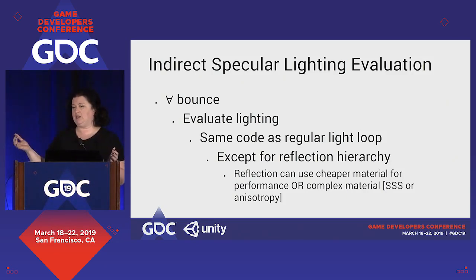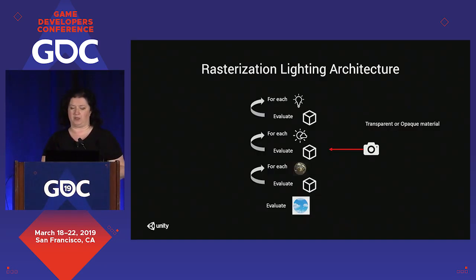Now, ideally, depending on LOD, you may want to use a simplified material for reflection for improved performance, because evaluating the full stack of the material for multiple bounces can get really costly. Or you also may need to account for reflecting complex materials, so anisotropy, subsurface scattering.